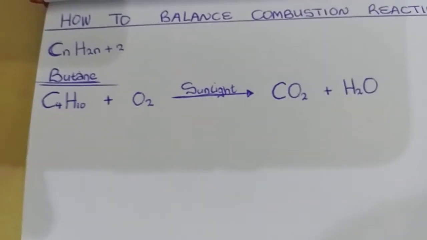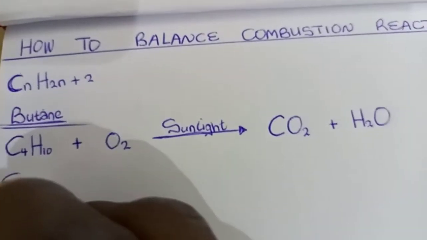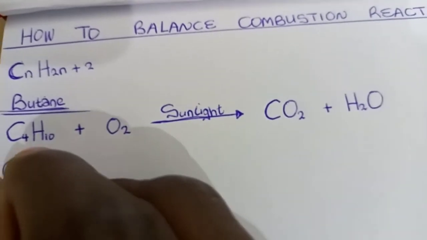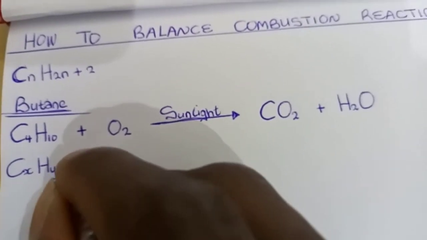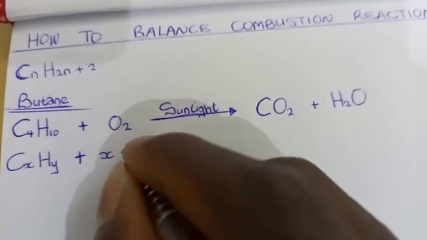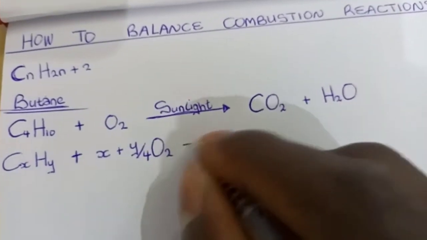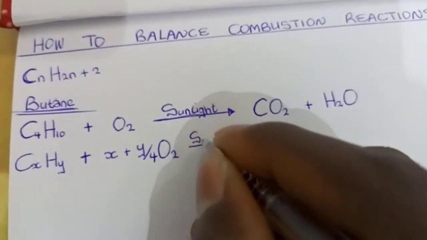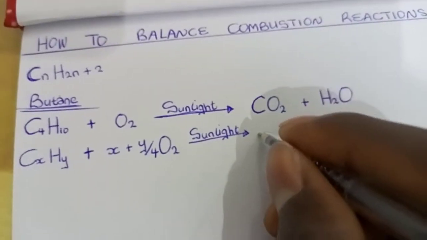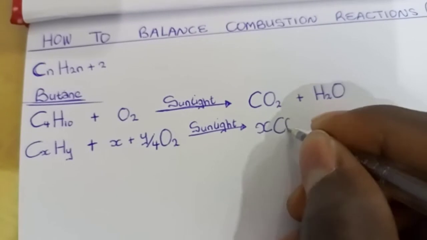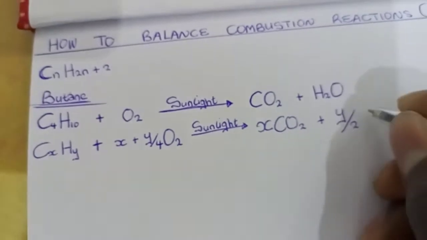In this reaction, the formula we'll be using to balance this combustion reaction goes this way: CxHy plus (x plus y over 4) O2 in the presence of sunlight gives x moles of carbon dioxide plus y over 2 H2O.